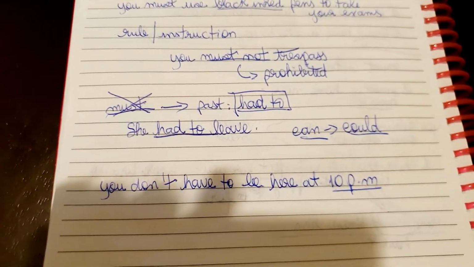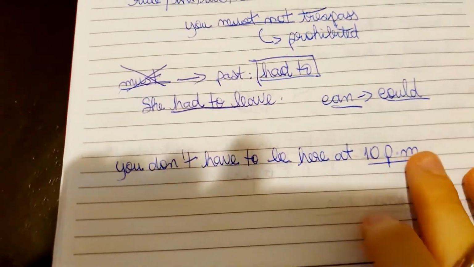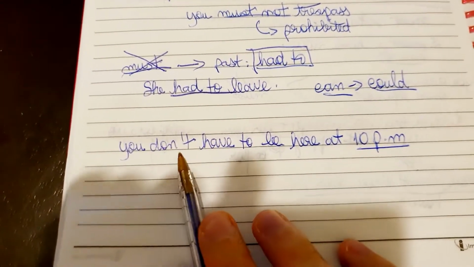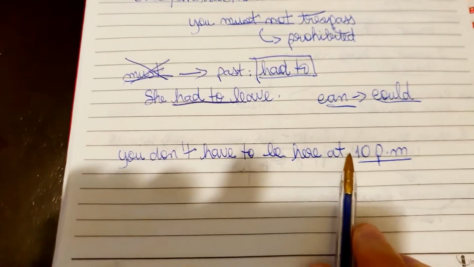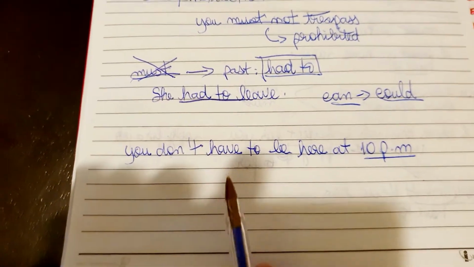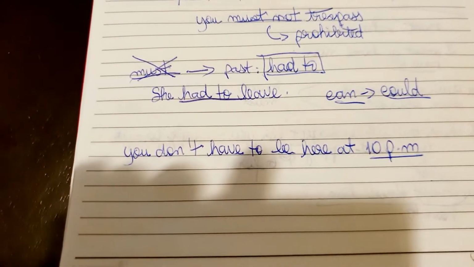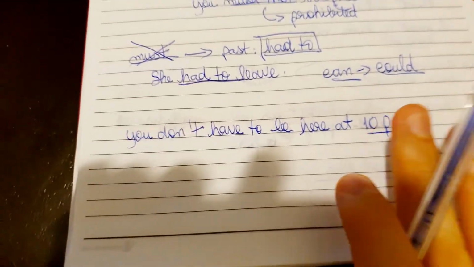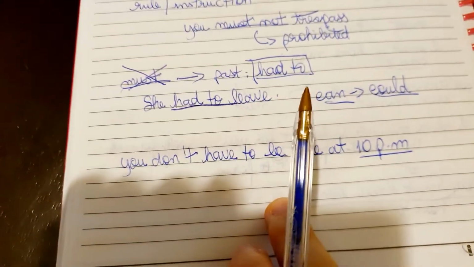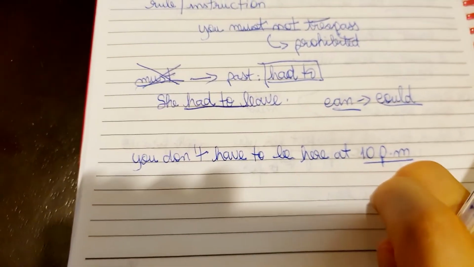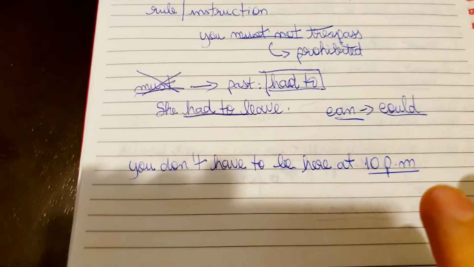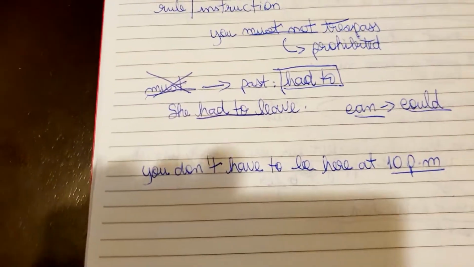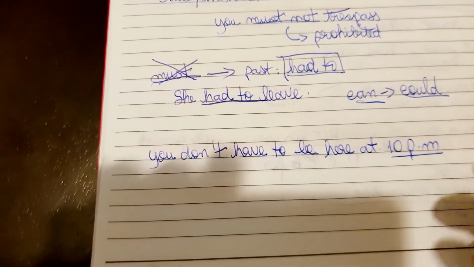If possible, you don't have to be here at 10 p.m. Does it mean that you are prohibited? No. It means that if you can, you don't have to be here. It's not mandatory, it's not necessary. If you want to, you can be here at 10, but it's not necessary. So it gives you the possibility to do something or not do something.